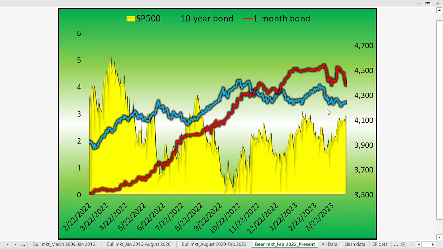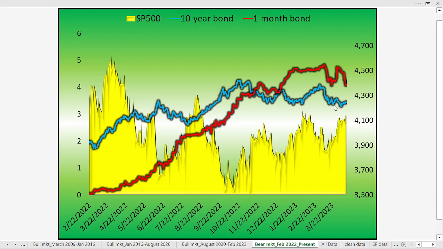So what does this tell us? What does the current bond market tell us? The blue line is at 3.4%. It looks like it's in a trading range. It's not trending higher. It's not trending lower. It doesn't look tremendously optimistic or pessimistic, but it really is kind of in the middle of a trading range. And that's why I think the stock market has failed to make any kind of significant move.